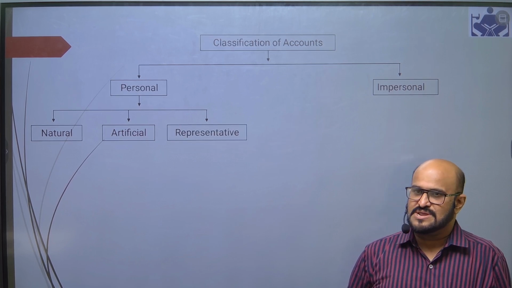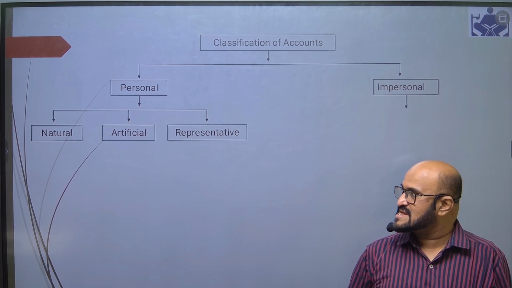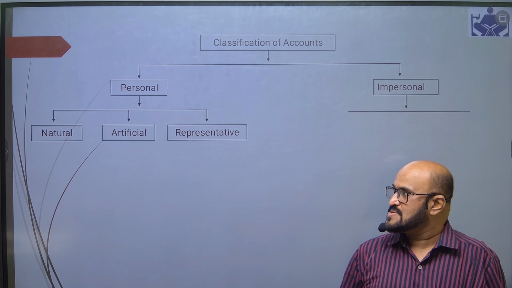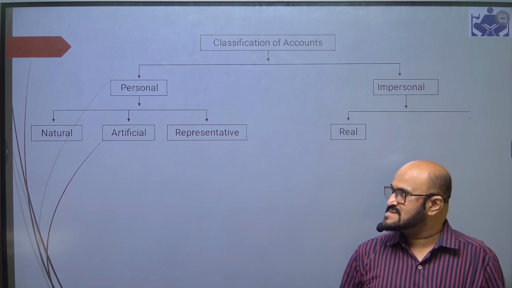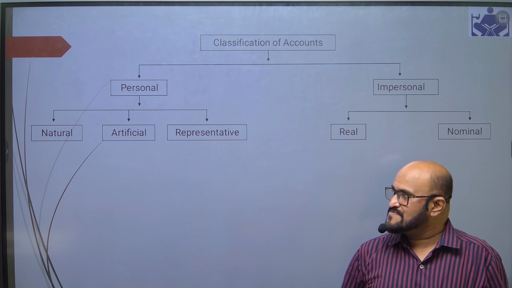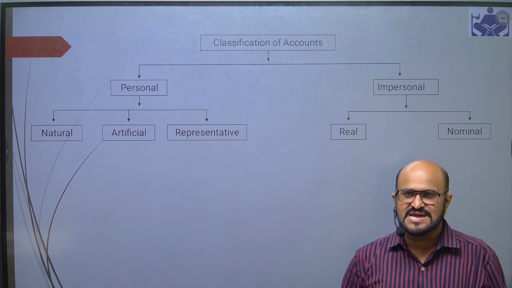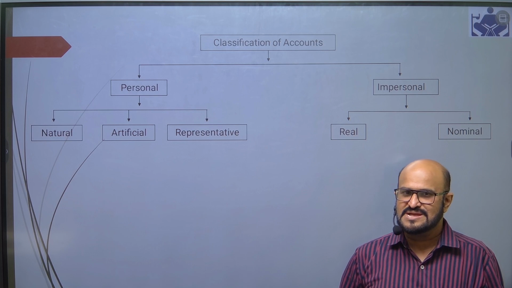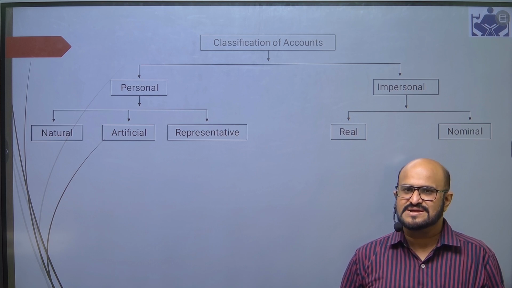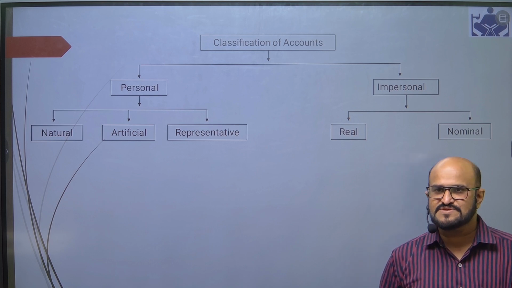Whereas impersonal account is classified into two. First one is real and second one is nominal. So if I shortly say, there are basically three types of account: personal, real and nominal. Now these are the basic defined classifications of each part.